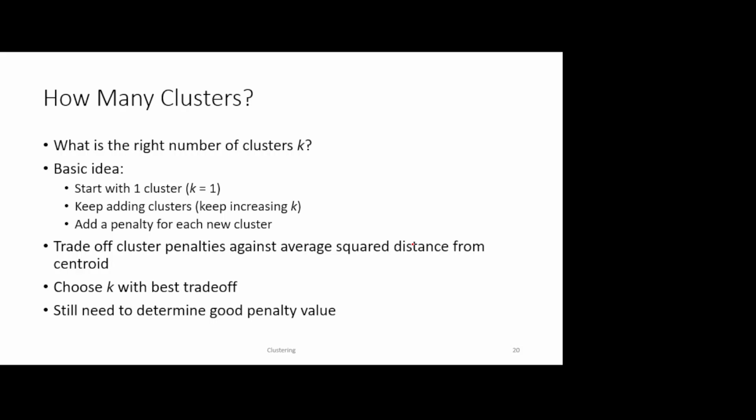Next, in K-means there's only one main parameter, which is K. What's the right number of clusters K? We don't know what the right number is. You just try it, starting from one cluster, which means all the data belong to the same cluster and you just calculate the average as the centroid.